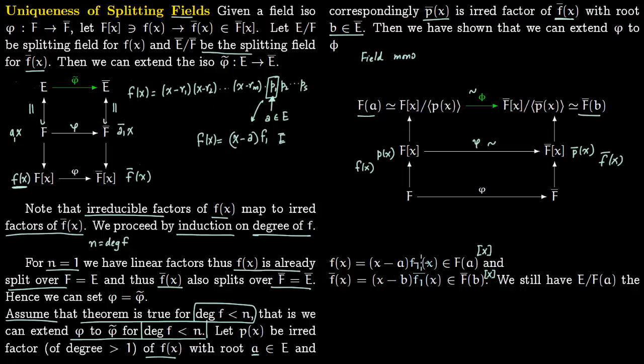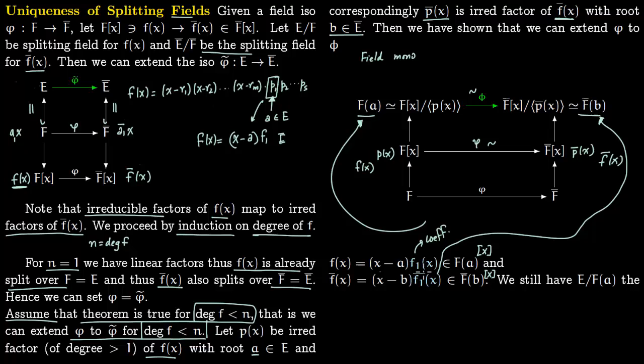That is, the coefficients of f1 lie in this field f of a, and the coefficients of f1 bar lie in the field f bar of b. It's kind of obvious, you have just gotten one field further because you wanted this x minus a, and you can only get this x minus a in f of a, because to start with we had this polynomial p as irreducible. So you just want to take this factor out, and the reason you want to take this factor out is because you want to decrease the degree of f of x and f bar of x, so that you can use the induction hypothesis.